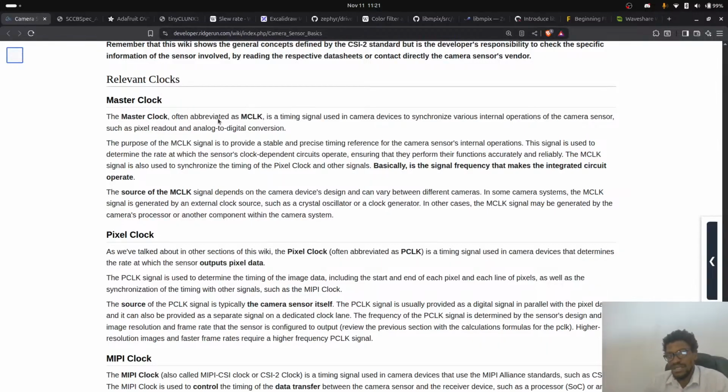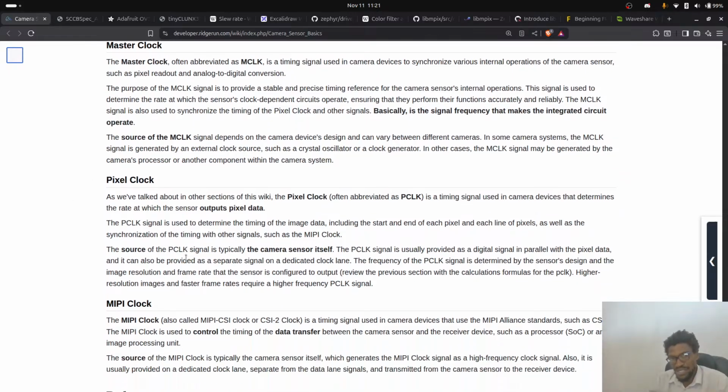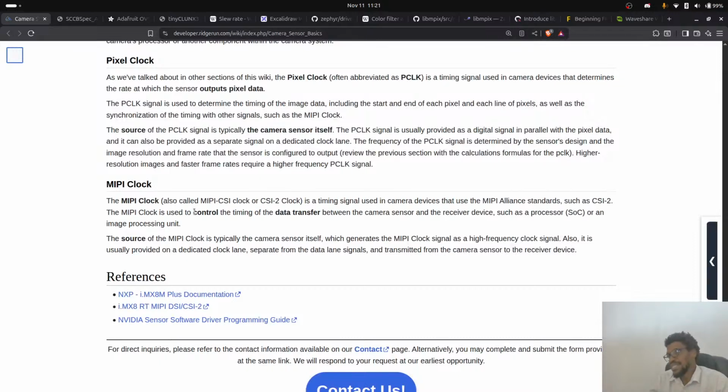This is the master clock, a timing signal used by camera devices to synchronize various internal operations of the camera sensors, such as pixel readout and analog to digital conversion. Then there's a pixel clock, which is used for pixel timing. And if you're using MIPI, there's a MIPI clock itself, which is used for MIPI timing, and this one is often in the gigahertz range of speed.